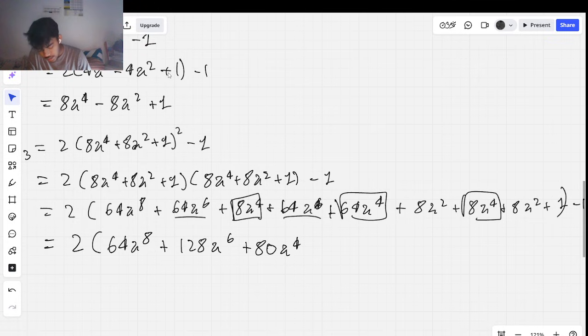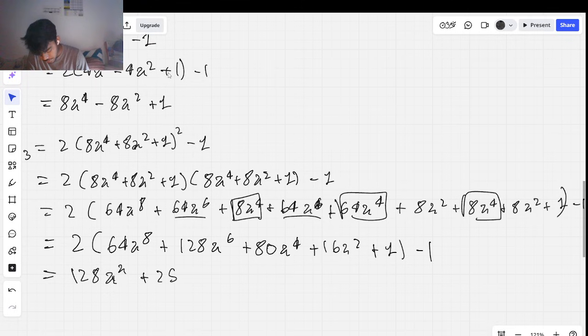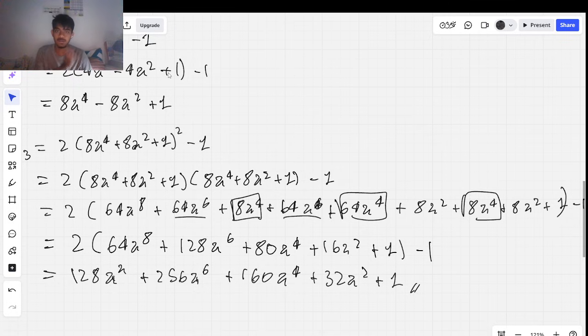Yes, that's correct. And lastly, 16a squared, and 1 minus 1. Okay, that should be everything. Now I'm going to tidy this up. It's going to be 128 a to the 8 plus 256 a to the 6. I should have not picked a. I mean, I didn't get to pick a. The question stated a. 160 a to the 4 plus 32 a squared. And this is just going to be 1 plus 1 because 2 minus 1 is 1.